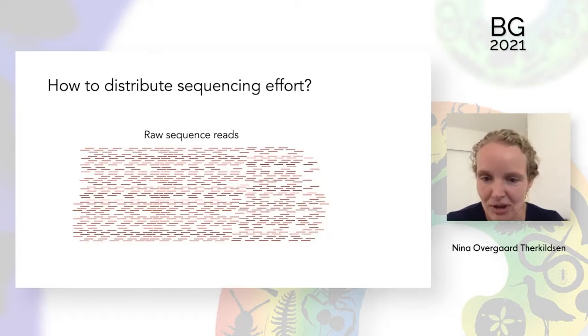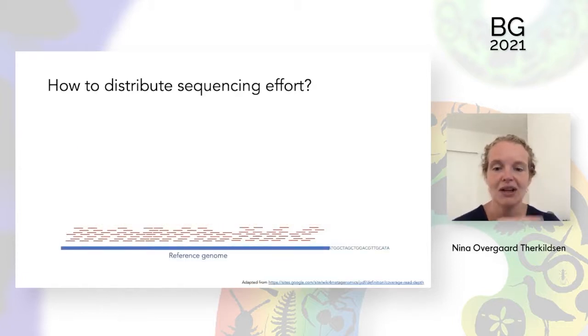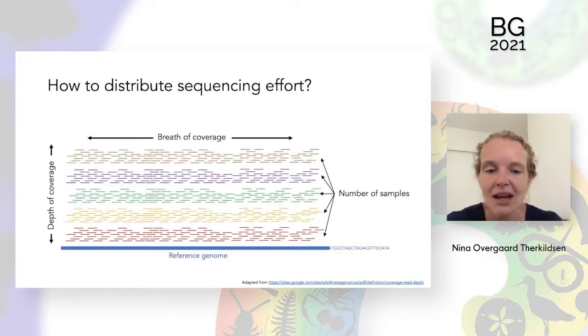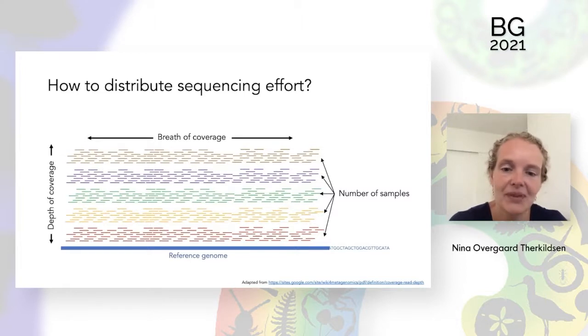But for any project, researchers are still faced with the inevitable trade-off of having to decide how to divide a given sequencing effort between the breadth of genome coverage, how much of the genome are we going to sequence, how deeply are we going to sequence each part of the genome, and how many individuals do we want to sequence at that depth.